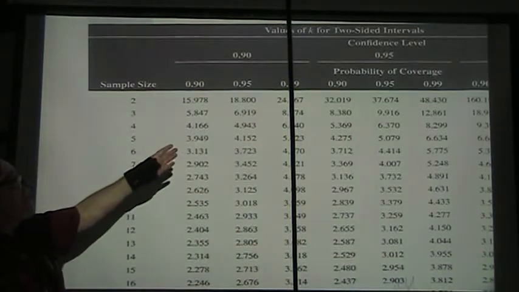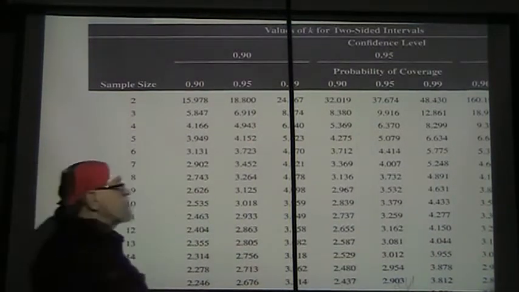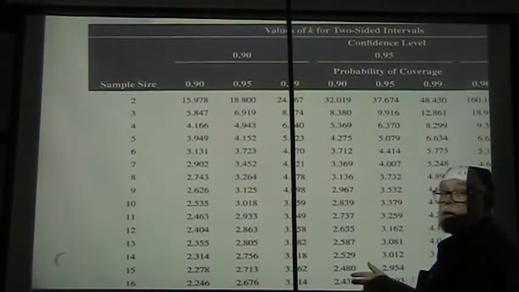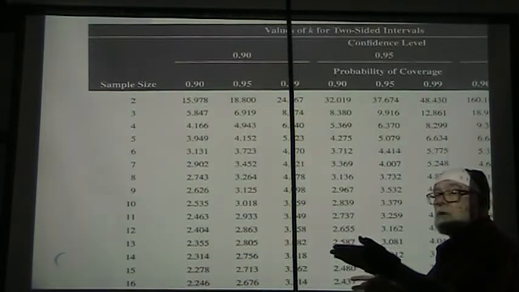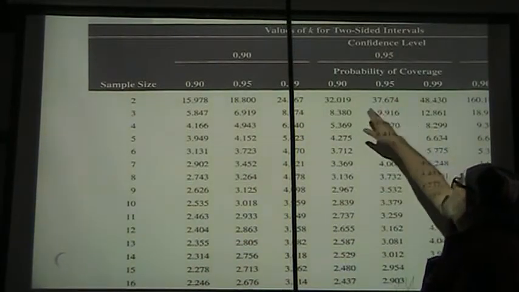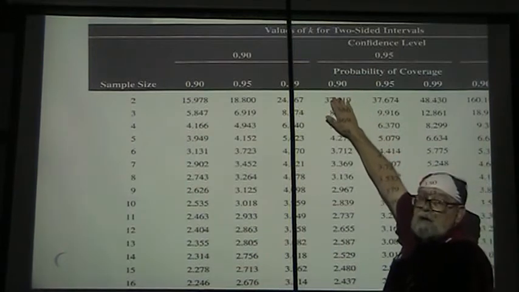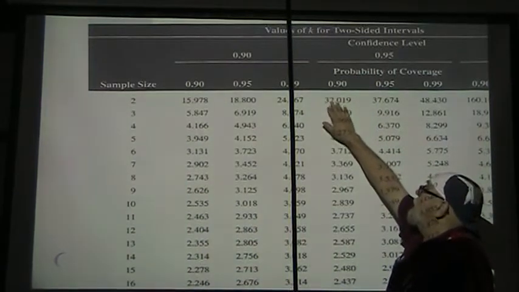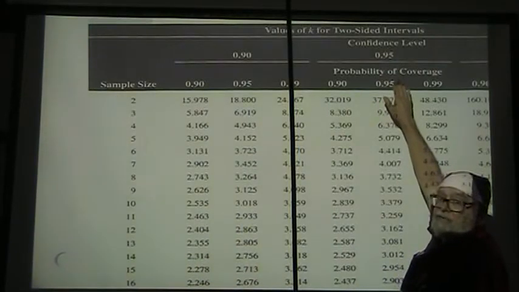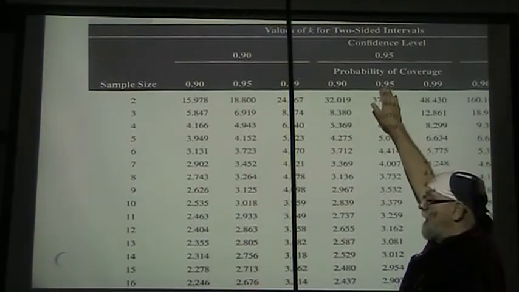All right, so what we're going to do is we're going to come down here, and I'm going to tilt so that we can see 22 with 90% coverage and a confidence level of 0.95 or 95%.